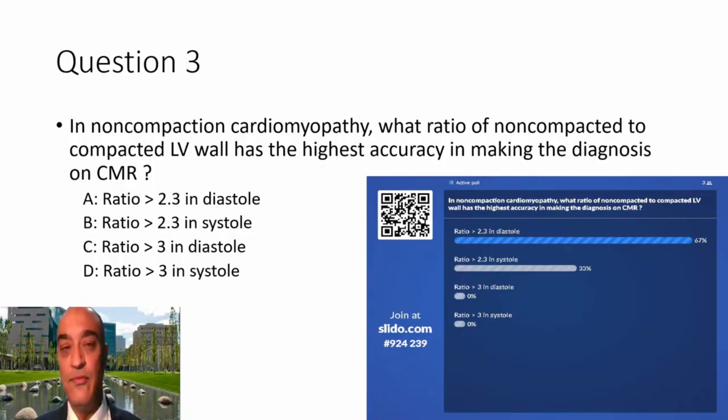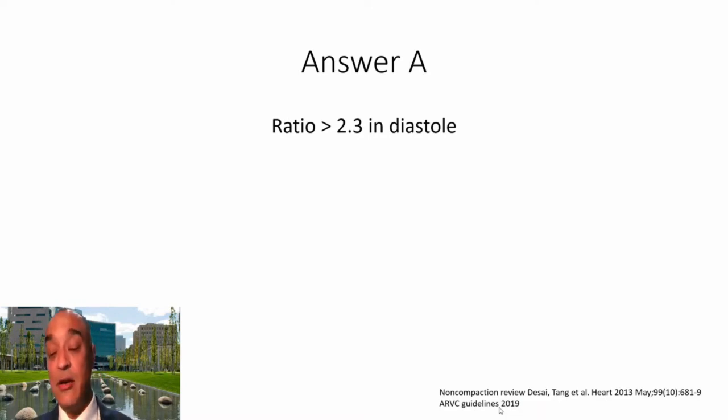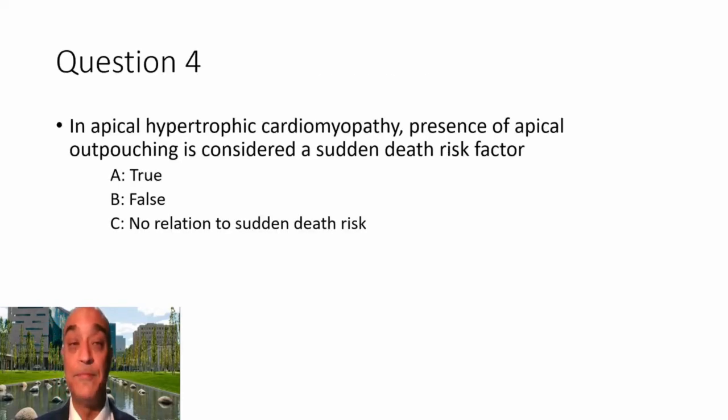This was published in the ARVC guidelines, and there are the cardiomyopathy guidelines published in 2019. We have also published a review on non-compaction a few years ago from the Cleveland Clinic.